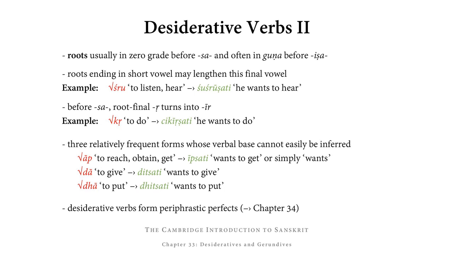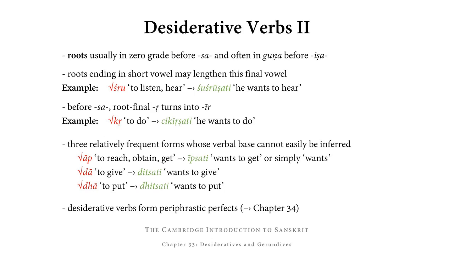Verbal roots, when used in desiderative verb forms, usually stand in zero grade before the suffix sa, and often in guna before isha. So, for example, what we just saw of bhr, we had bibhariṣati. So, guna of bhr, i.e. bhar, in front of isha. Then there are a number of small formal irregularities.